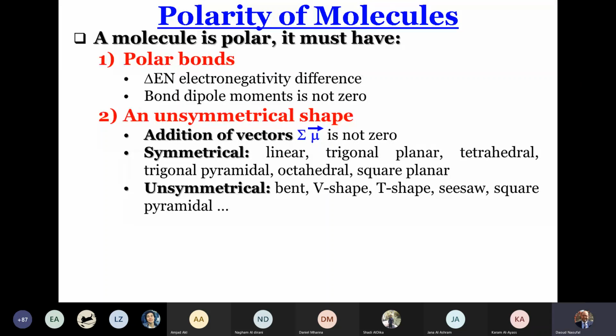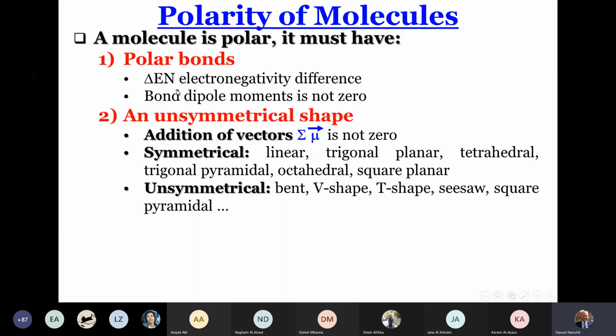If a molecule is polar, it must have polar bonds. A molecule is composed of several bonds. If the molecule is polar, it should contain polar bonds. And a bond is polar when we have a difference of electronegativity between the atoms of this bond.